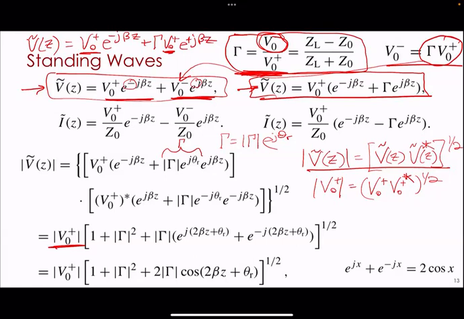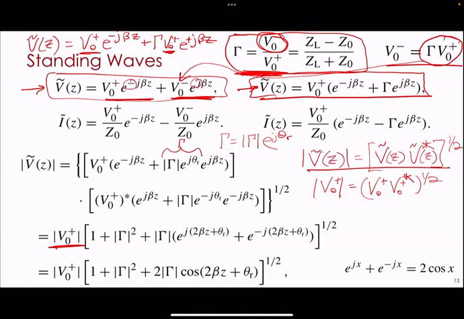just pick any complex number and put it in rectangular form, 3 plus j6 or something. Calculate the magnitude of it. If you did it the usual way, you'd go 3 squared plus 6 squared, square rooted, and you get a magnitude. Then try it the other way: 3 plus j6 times 3 minus j6, because we have to complex conjugate it, and then take the square root of it.